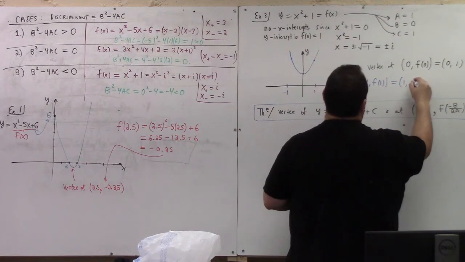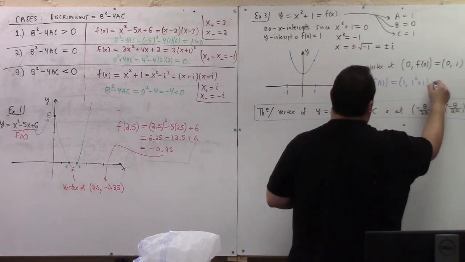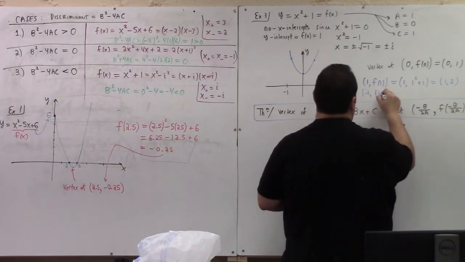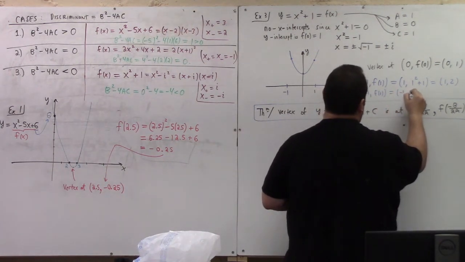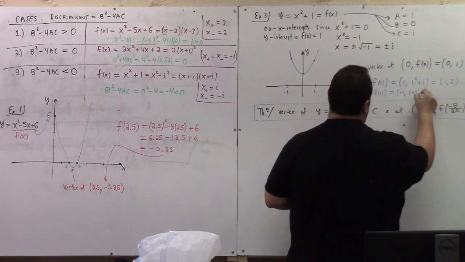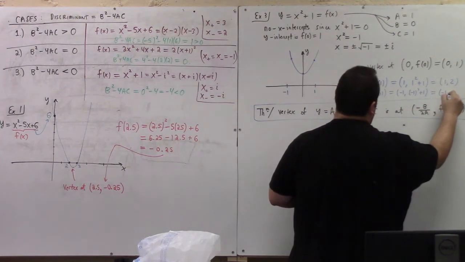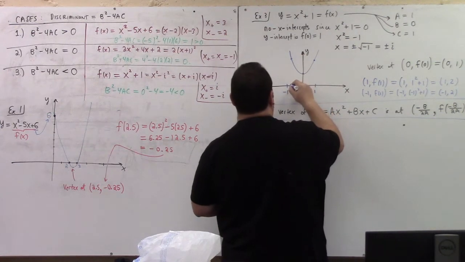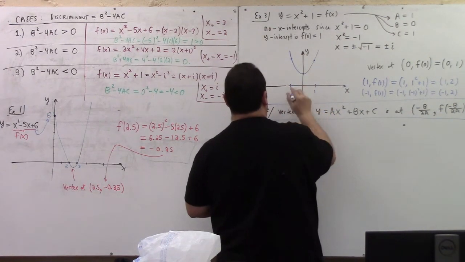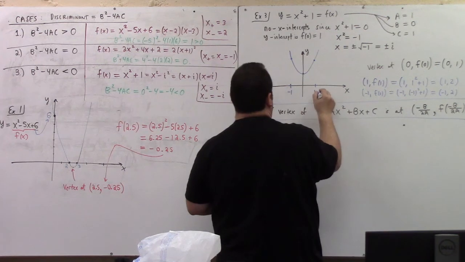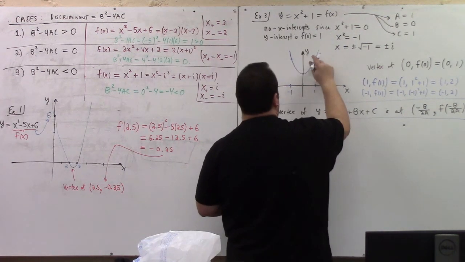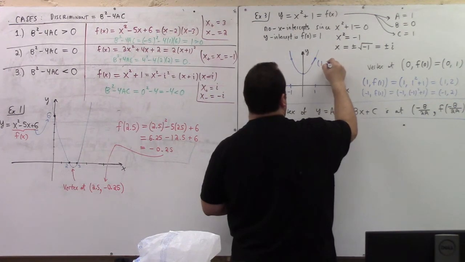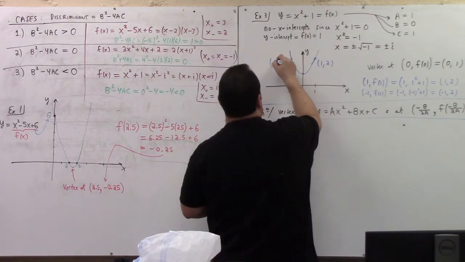So that's 1 comma 1 squared plus 1, which is 1 comma 2. And also minus 1 comma f of minus 1. Those are 2 more points on the graph, just to give you a little more sense of what it looks like.